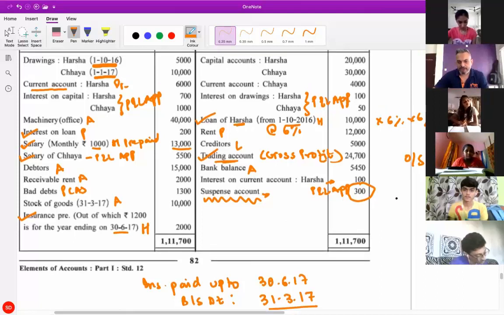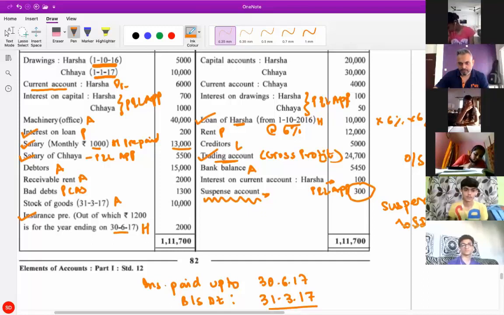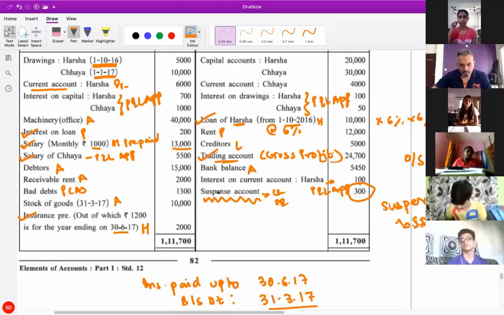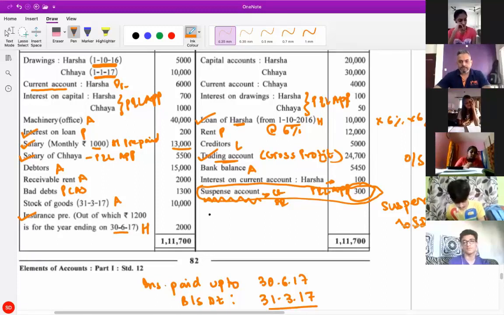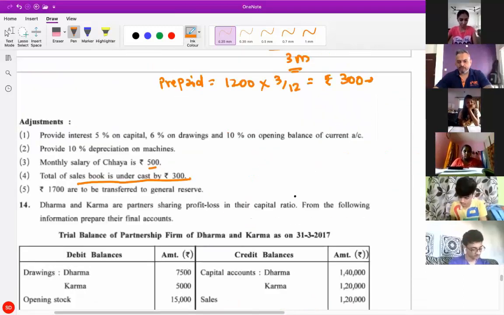To rectify this error, our entry will be suspense account debit to sales account 300. So it will go to sales, and the suspense account, whose balance is credit, will now become debit. So this will now go away from our trial balance and our balance sheet. So you don't have to record this. Did everyone understand? Great. Now 1700 is to be transferred to general reserve. So I think you will be able to do that.